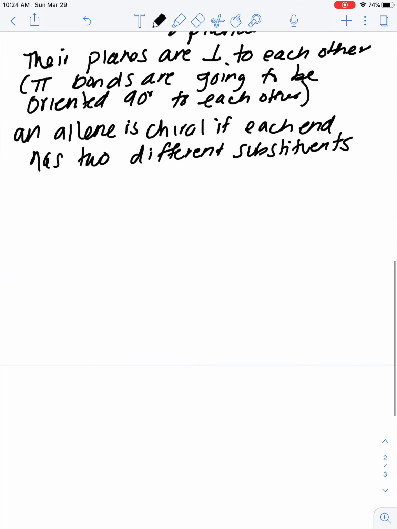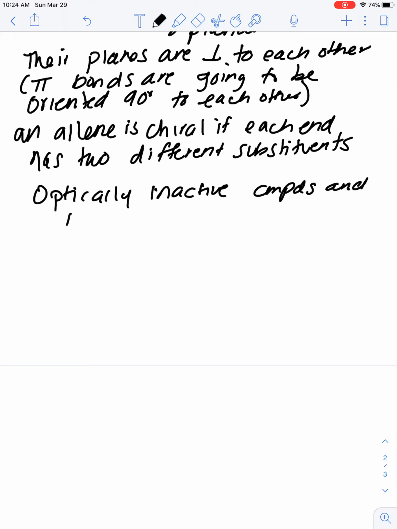So let's talk about some optically inactive compounds and mixtures. What does it mean to be optically inactive? If a solution is optically inactive, it means that it does not rotate plane polarized light.